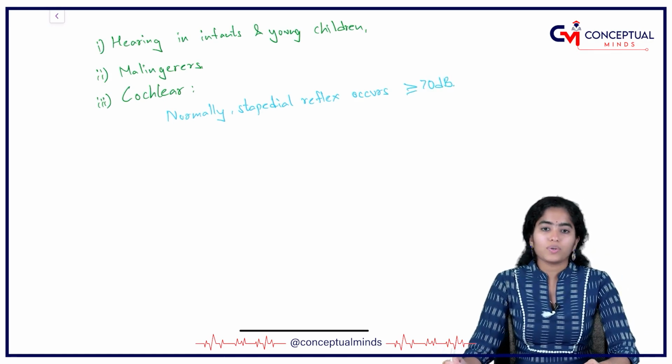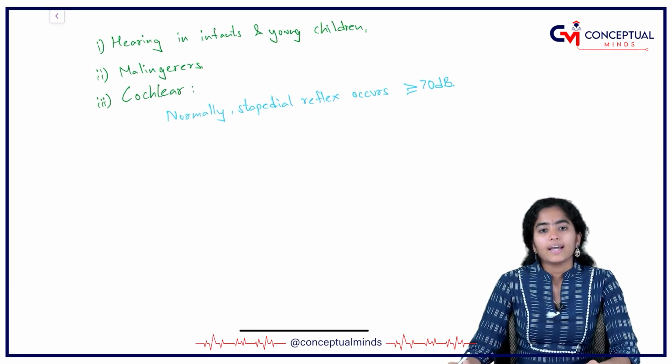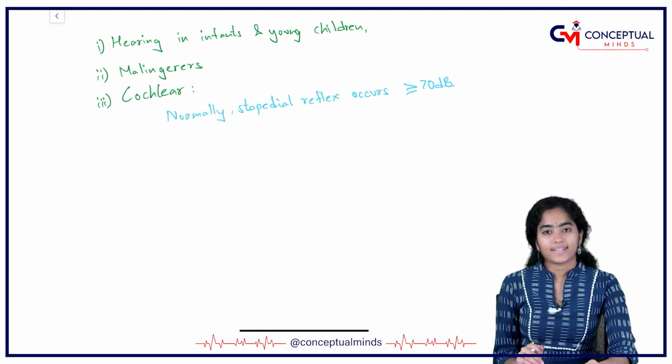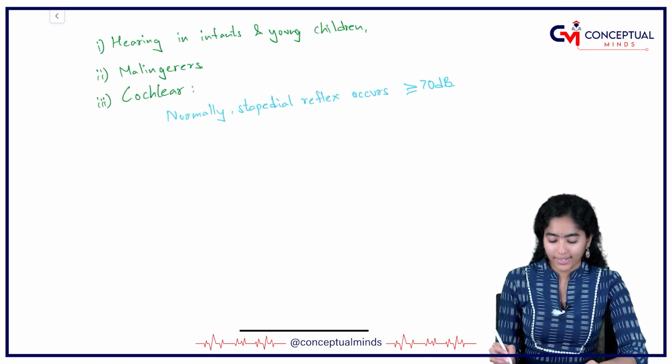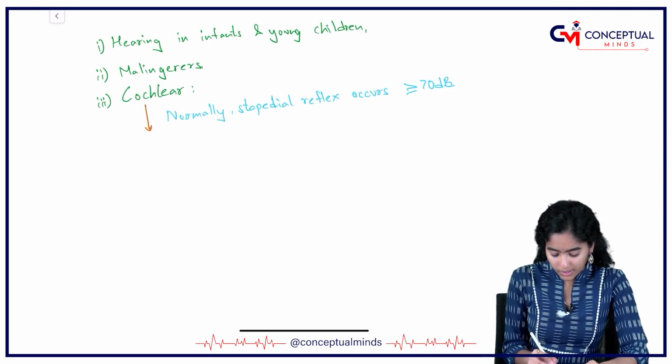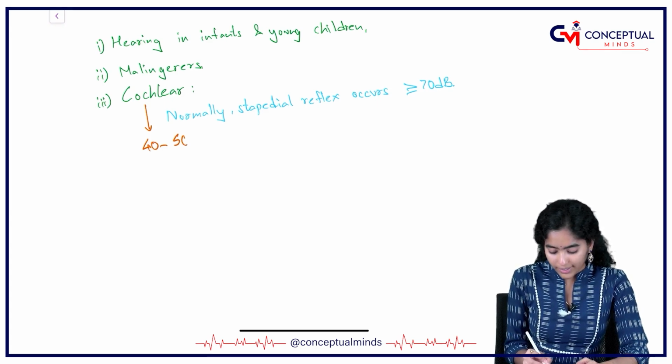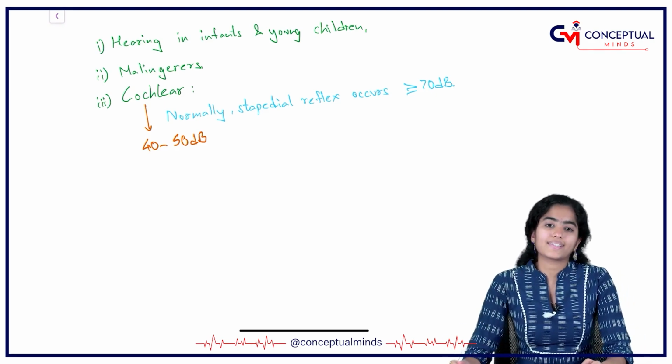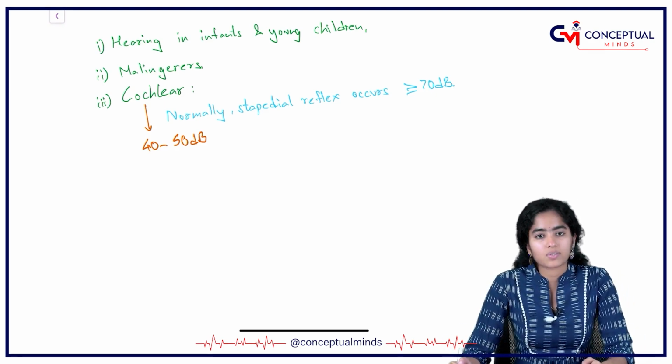But in a patient with cochlear pathology, this is seen at lower intensities only, at about 40 to 60 decibels. In a patient with cochlear lesion, this reflex is seen at 40 to 50 decibels only. It is seen at lower intensities.